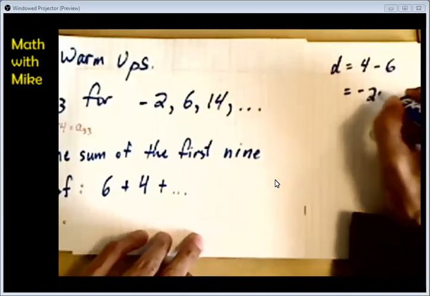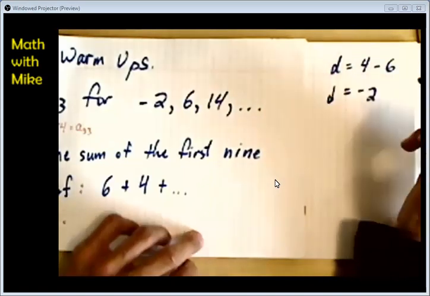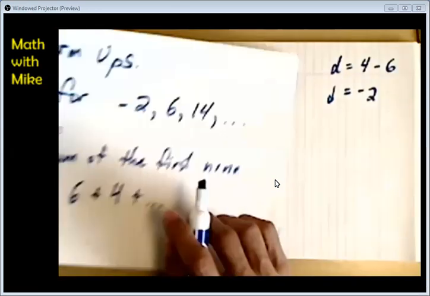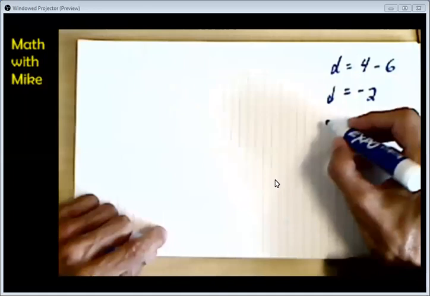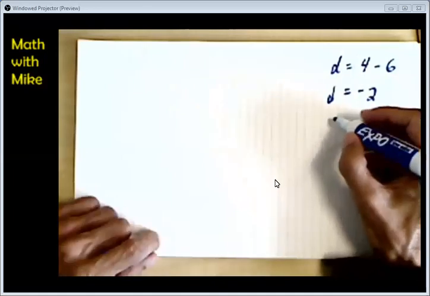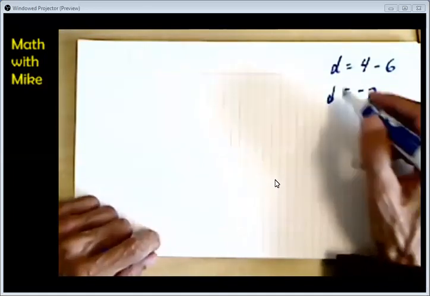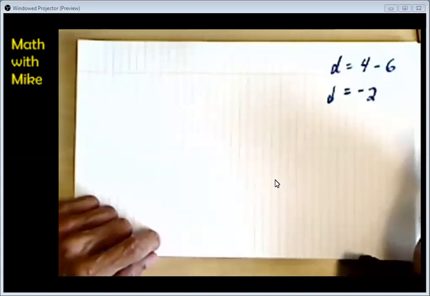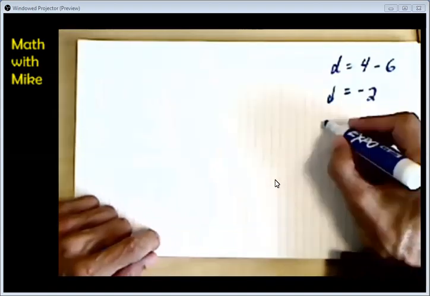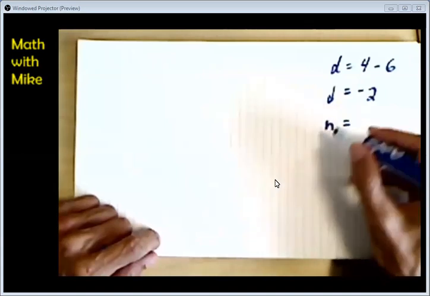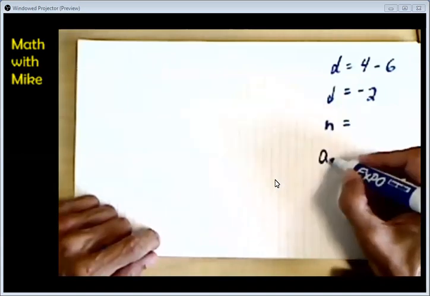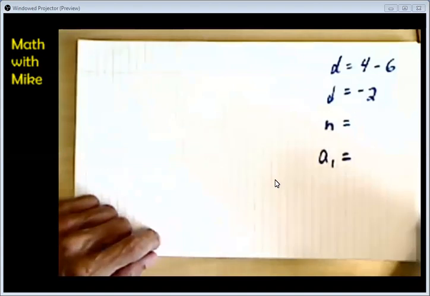So D will be -2, that's correct. Next, checking your notes, what other values we got? We got N? Yeah, N and A1. Okay, it's true, we do have those. What is N equal to?